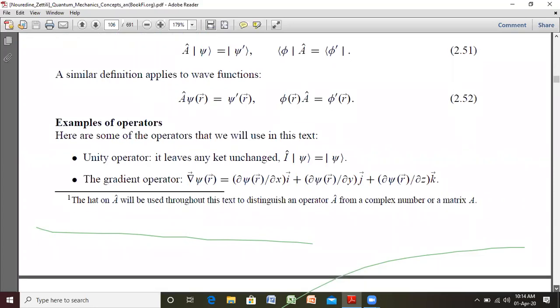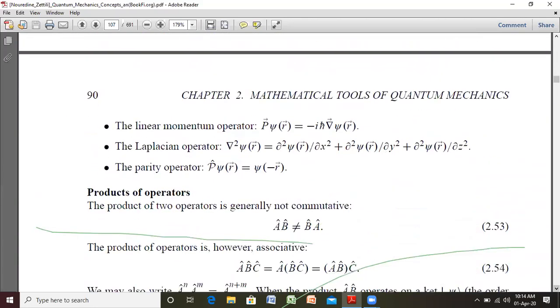Okay, let's move forward. Another example is the linear momentum operator. The momentum in one dimension is equal to minus i h-bar partial over partial x. This is the value of the momentum operator in one dimension.